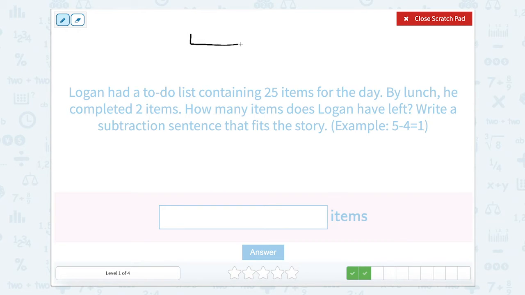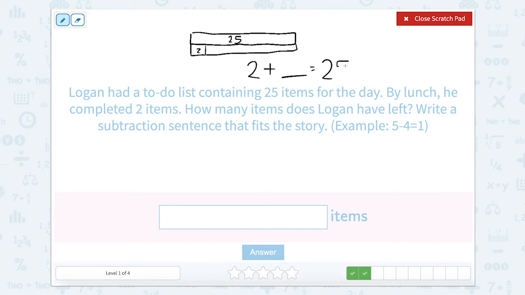Logan has his to-do list, so I'm going to write a tape diagram. And this one's going to be a little bit longer because this is 25 items. And at lunchtime, he completed 2 of them. So the rest here represents how many are left. We could think of this as 2 plus something equals 25.